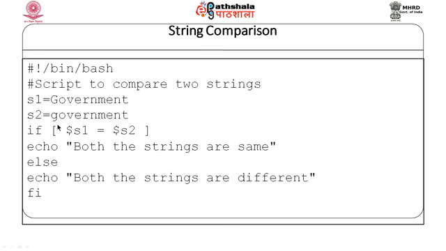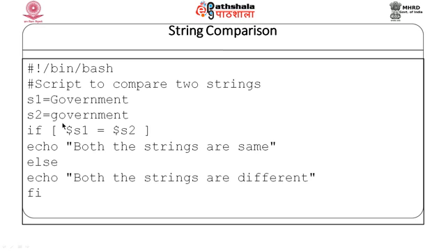So, there are square brackets in which we check both the strings. $S1 = $S2. Now, here the point to be noted is that shell programs treat strings as case sensitive. So, over here S1 is not equal to S2. You can confirm with the output, these two strings will not be considered equal because one has uppercase, the other has lowercase.